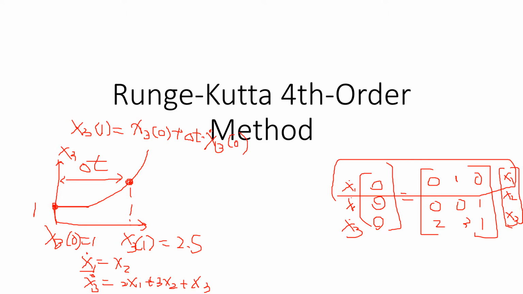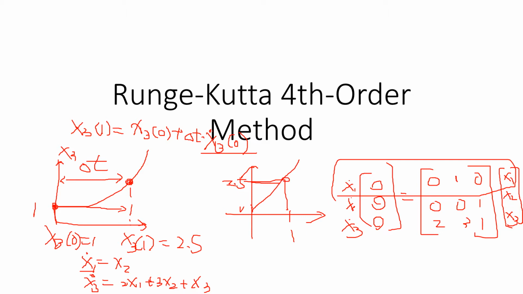We use this slope multiplied by delta t to get x3. If our curve is a linear function, a line, then this is 2.5, and when we use the Euler method, we can get a very good approximation.